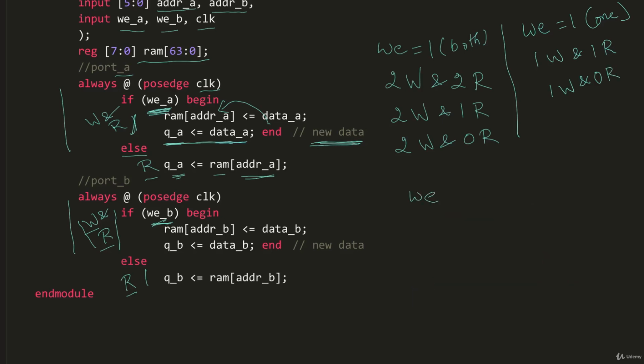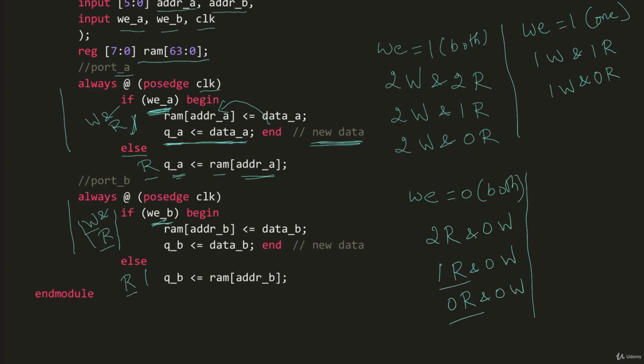Now if both your write enables are 0, then we can have 2 reads and 0 write, or 1 read and 0 write, or even 0 reads and 0 write.